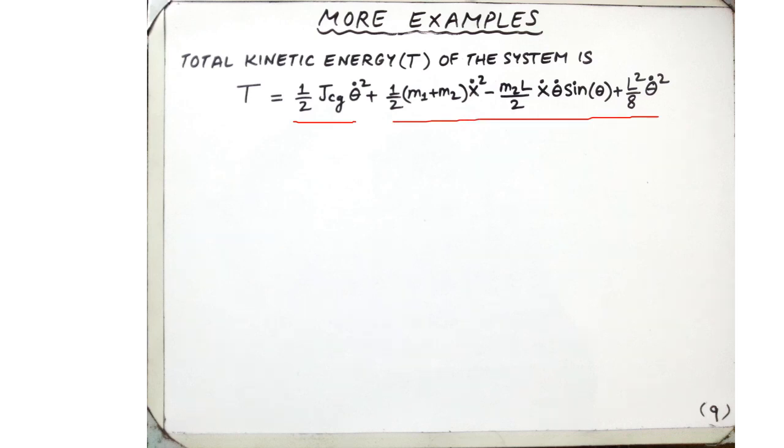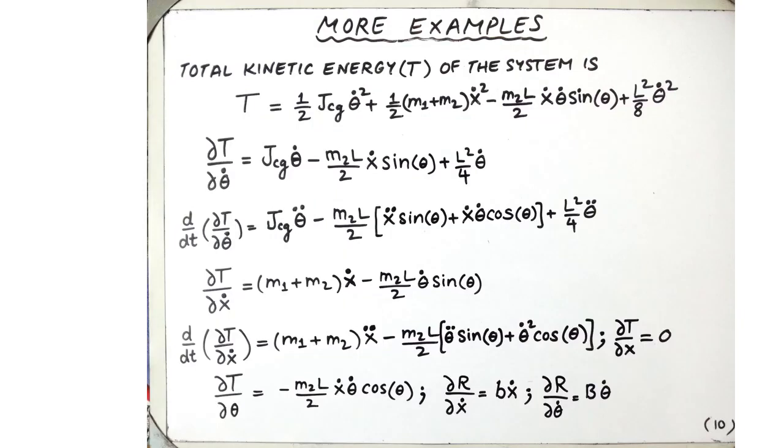That defines the overall kinetic energy function T. Then, in order to develop the differential equation describing the relationship between the displacement variables theta and x, we need to take the partial derivative of the kinetic energy with respect to the displacement variable to be used in the Lagrange equation. So our first displacement variable shall be theta and the second one will be x.